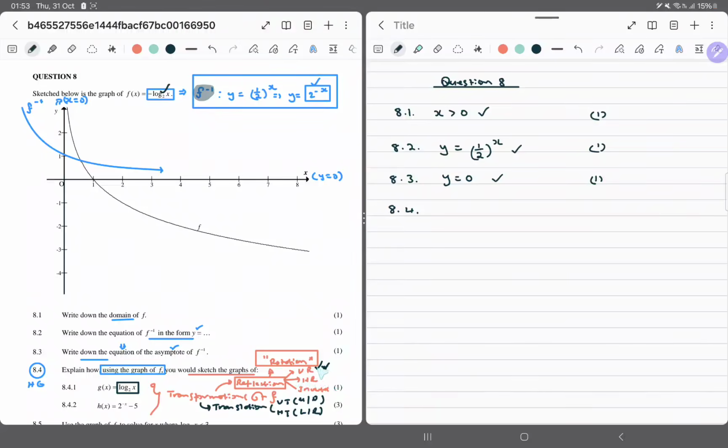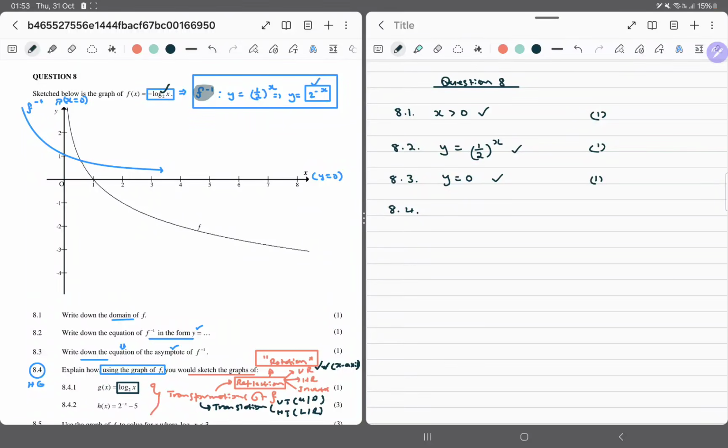Now, a vertical reflection is basically about the x-axis. Remember that. So this means we are vertically reflecting the graph of f to obtain the graph of g. The question said we need to explain, meaning we need to speak about this transformation.